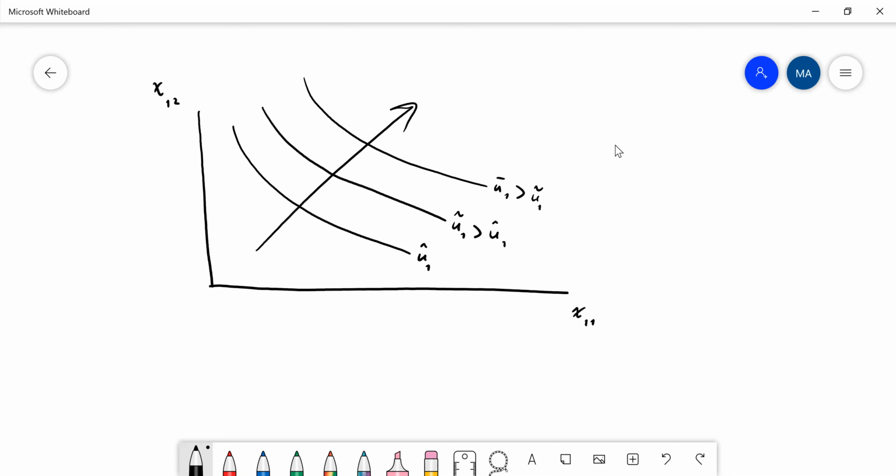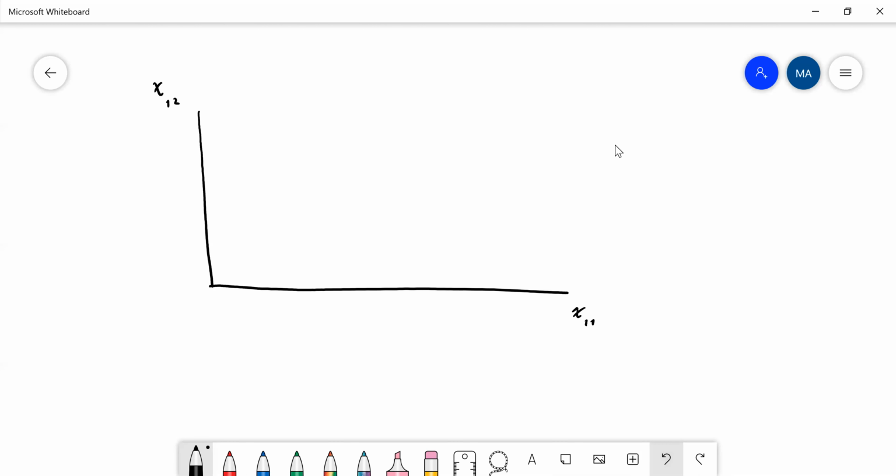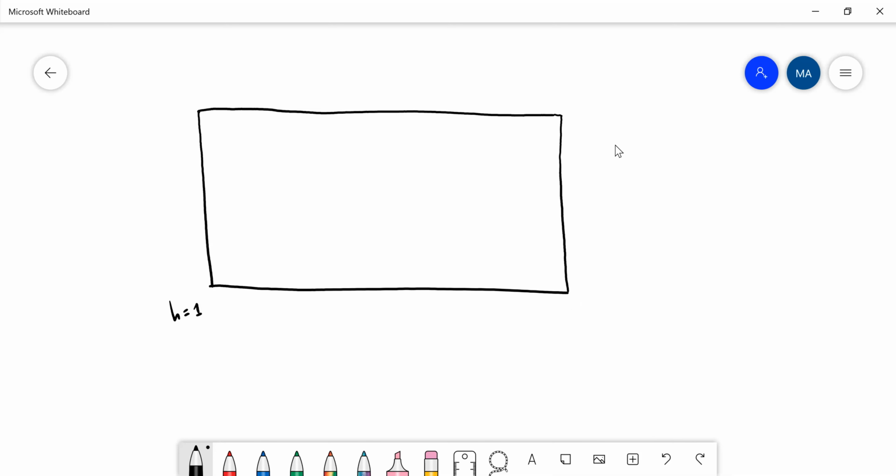Okay, everybody knows that. Now, there's also the second consumer. Second consumer has something like this, right? Now, imagine if I can combine these two graphs in this way. So this is consumer 1.